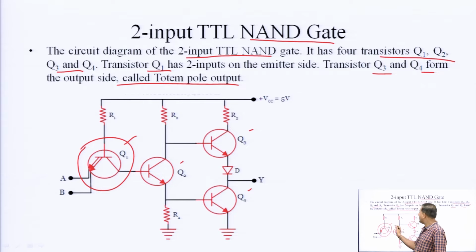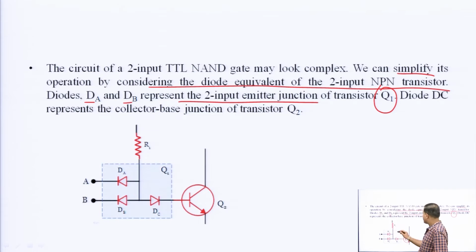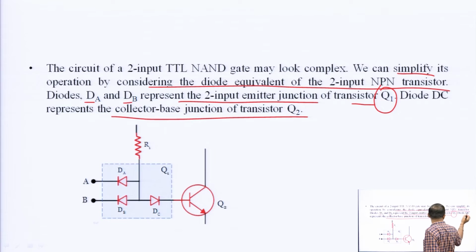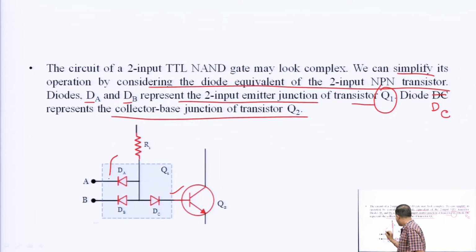Again for Q2 we have taken another diode. Diode DC represents the collector base junction of transistor Q2. This is DC, which is for Q2, and these two are for Q1. This is the simplification we have done from the previous circuit.